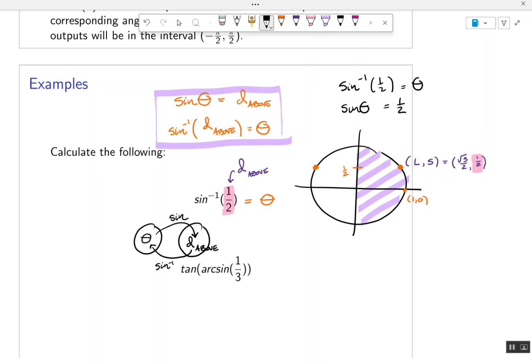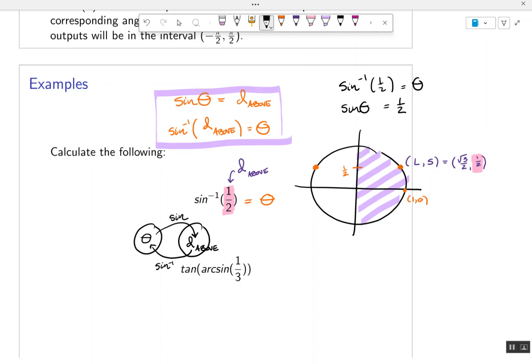So here is a point that I've drawn in my circle, and I'm only looking at this side, right? This point over here also has a sine of 1/2, but it's outside of my domain when I'm talking about the restricted domain of sine. So I have this label here. The distance to the right is long.